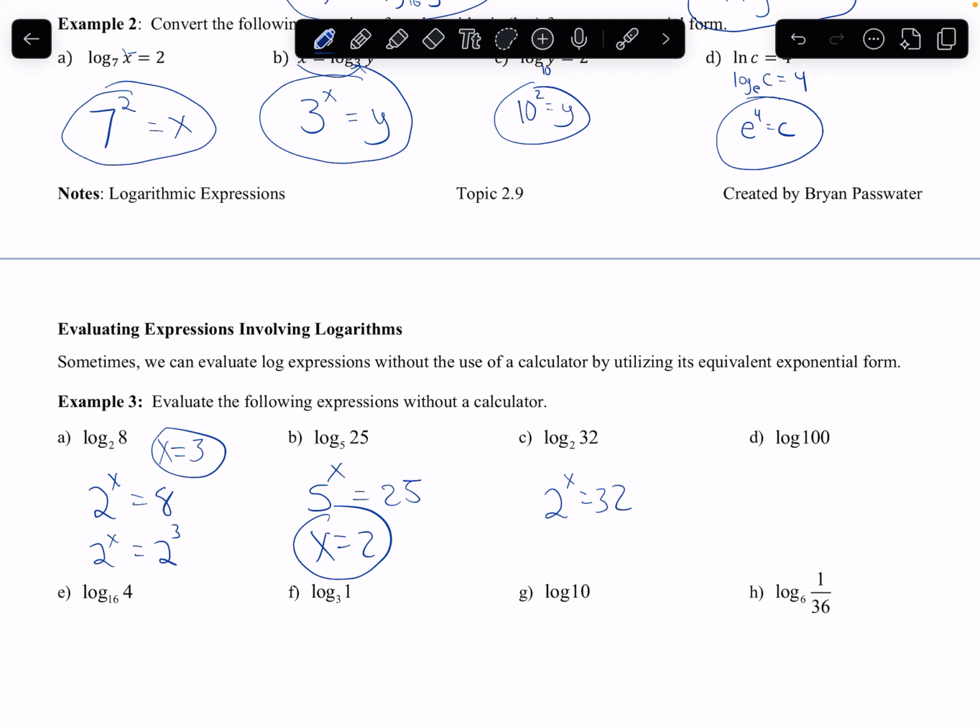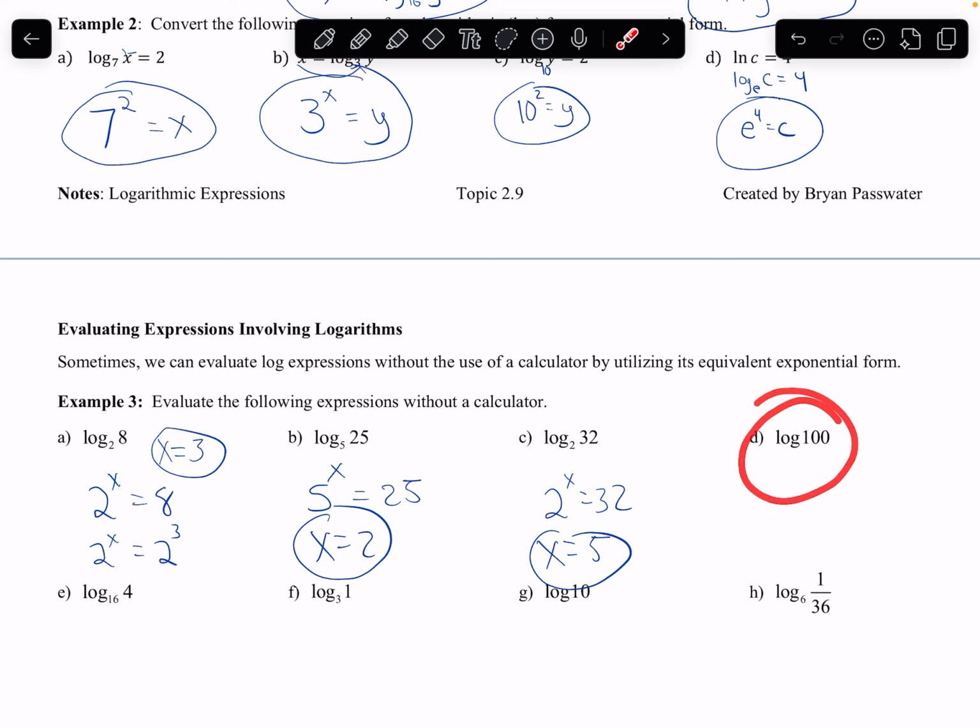And I think about that, well, 2 to the third power is 8. 2 to the fourth power is 16. 2 to the fifth power is 32. So this must be 5. x equals 5. Again, to read it, this original logarithm was saying 2 to what power is 32? We just figured it out. 2 to the fifth power.